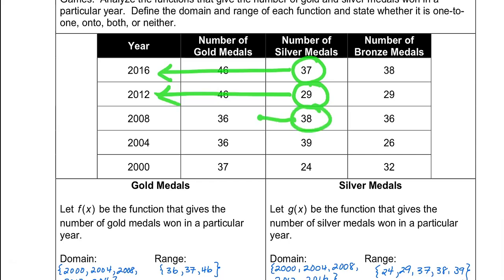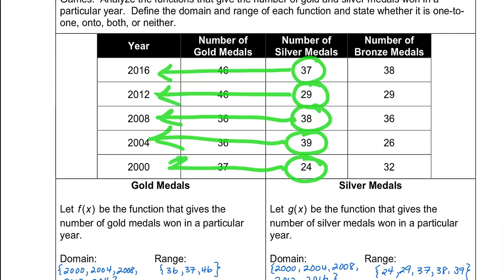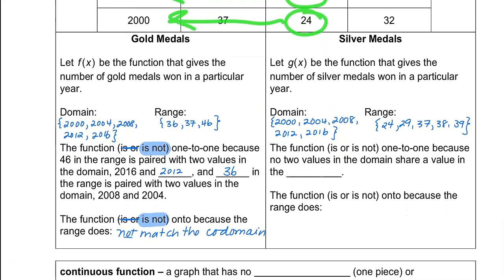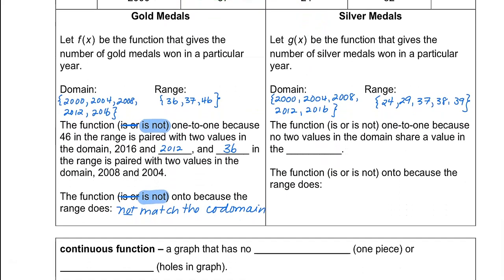Yes. 38? Yes. 39? Yes. And 24. There's no duplicates. They're all paired. So this time it is one-to-one, paired with exactly one, because no two values in the domain share a value in the range.